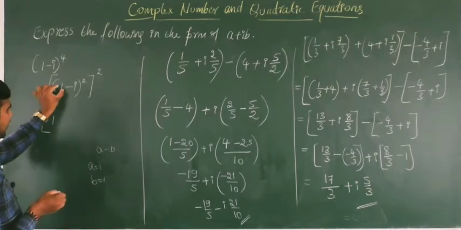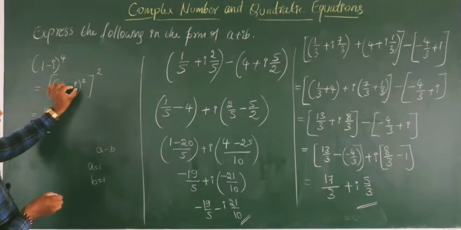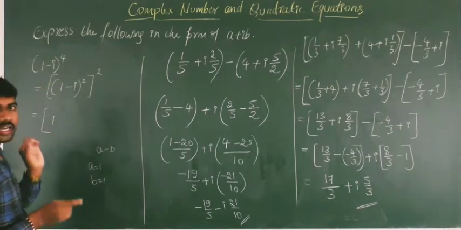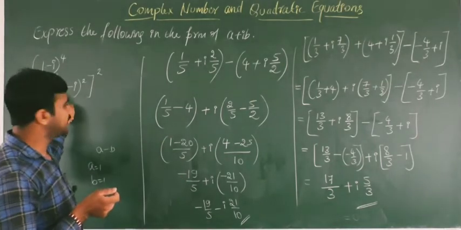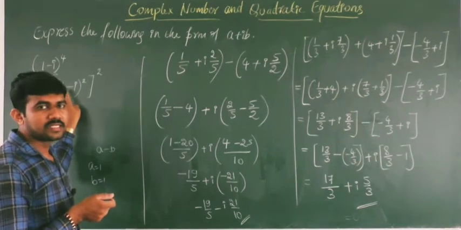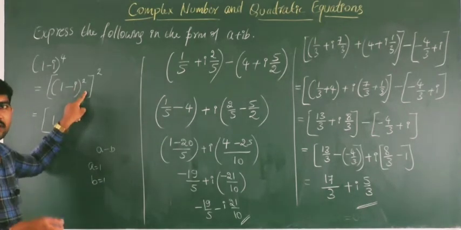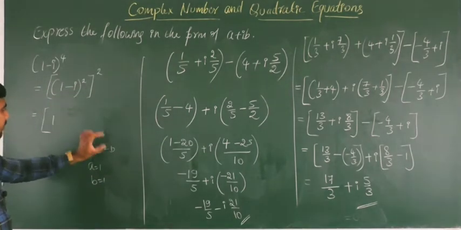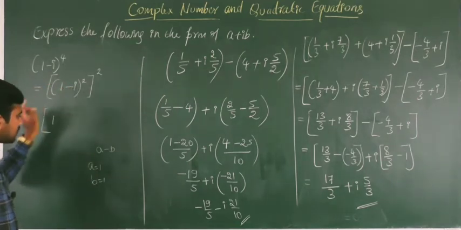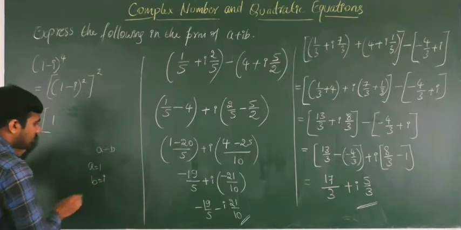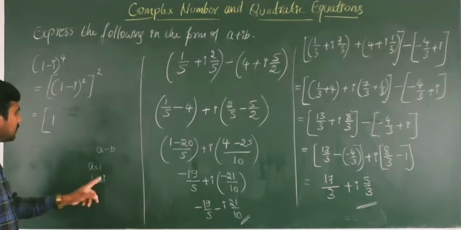Because it is a minus b. If you say it is in the form a plus ib, then a is 1, b is minus 1. But in the form a minus b, a is 1 and b is I.